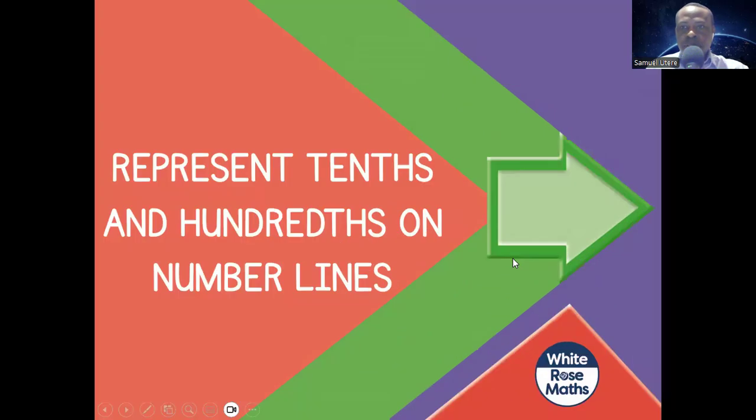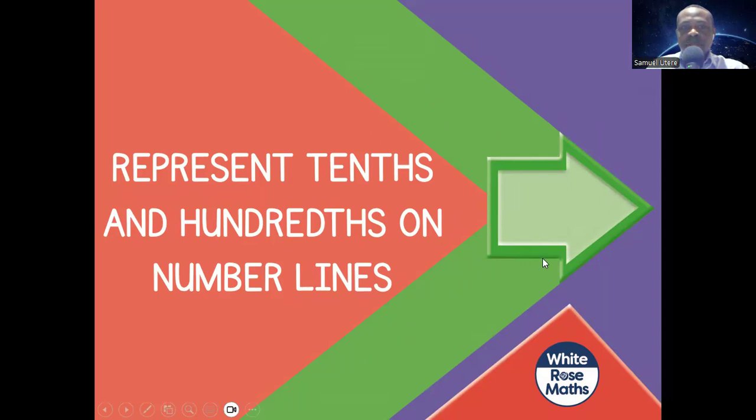So, in your previous lesson, you learned how to represent tenths and hundredths on the 100 square grid. You represented it as diagrams and you were able to see, for example, that 3/10 is the same thing as 30 hundredths.